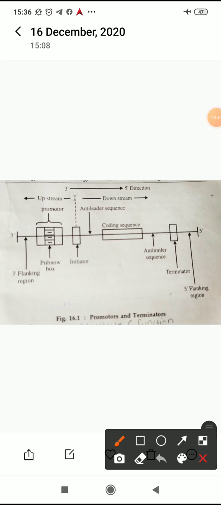The coding region is also called the structural gene region. This coding region of the gene consists of a sequence of nucleotides having hereditary information.